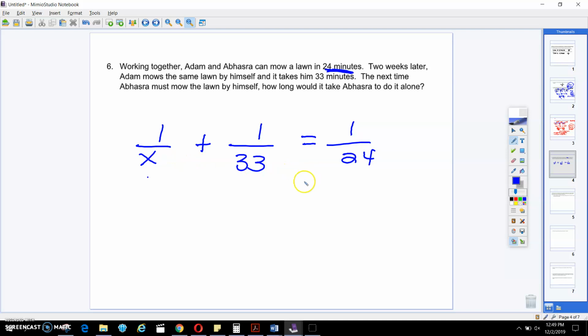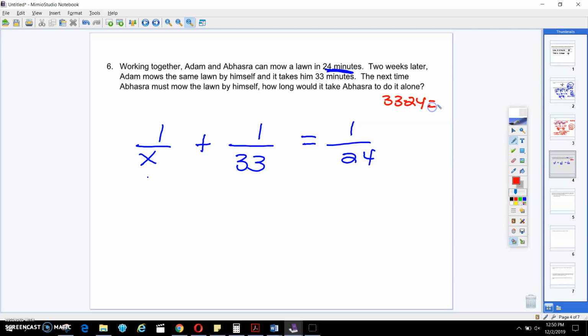So when I set this up, I'm going to set it up like this. A lot of people ask if this is a subtraction problem. Technically, I guess you could set it up as a subtraction problem, but addition is easier. You're going to subtract at one point or another in this equation, but we want to save that until the end. Okay? So now we're going to figure out what our least common denominator is, and that's going to be 33 times 24.